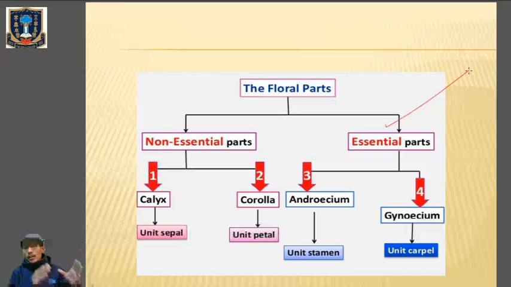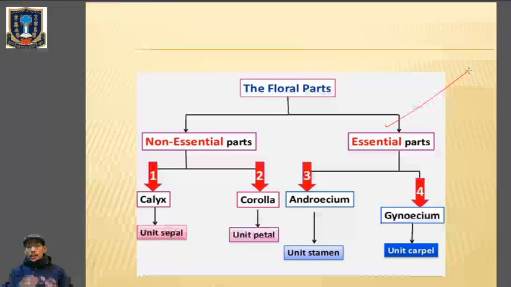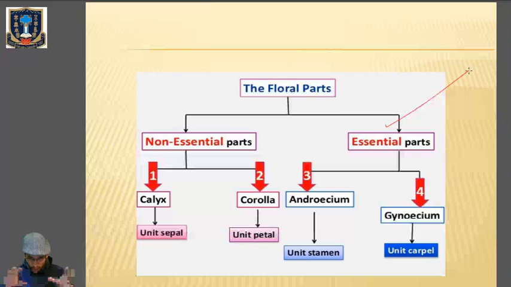Androecium, the male reproductive organ of a flower, is mainly composed of stamens, and stamen is further composed of anther, filament, and the connective, and this produces the male gamete of a flower. Then you have gynoecium, the female part of a flower, which bears the carpels, or let's say stigma, style, and ovary. So they are directly involved in the process of reproduction, and they are called the essential part of a flower.